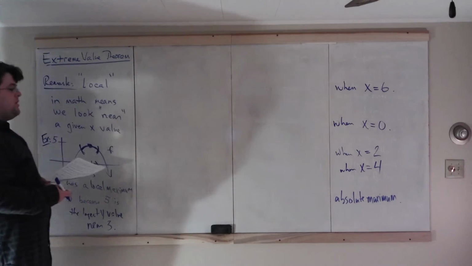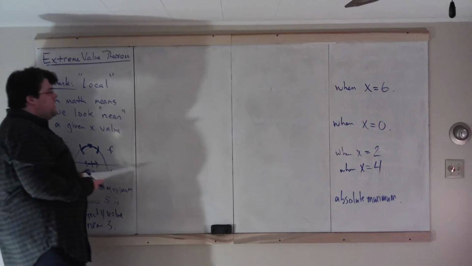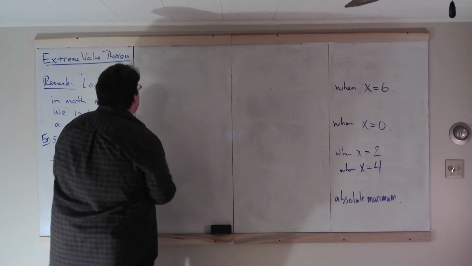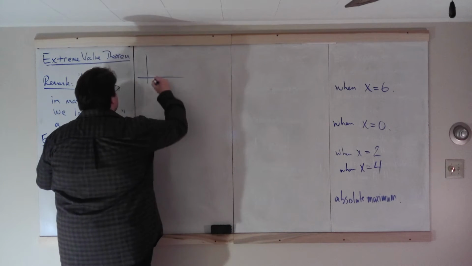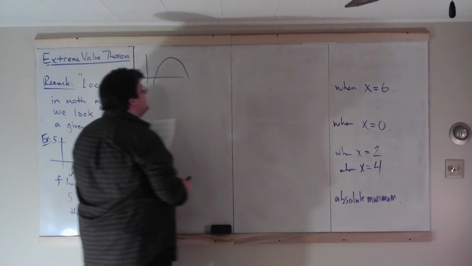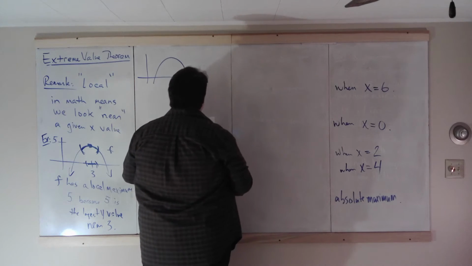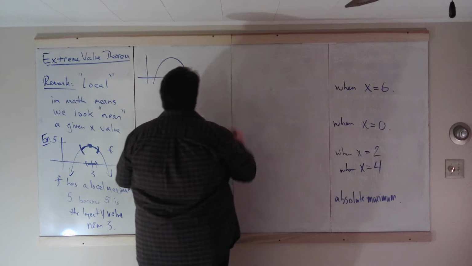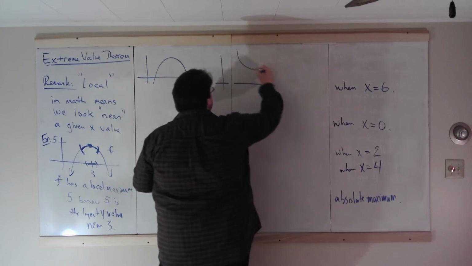Local maximum, local minimum means largest nearby. Well, we have 4 different graphs on which one of them may occur. 3 boards, 4 graphs. Well, okay, let's do it like this. It could look like this.